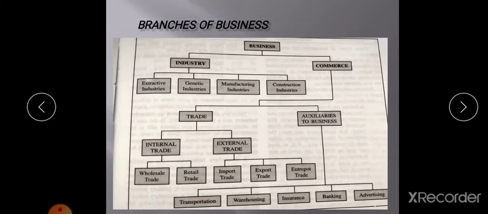So here the industry is divided into extractive industries, genetic industries, manufacturing industries and construction industries. And the commerce is further divided into trade, auxiliaries to business. So you leave this part now. First we will learn about industry. Okay? Industry and different types of industries in detail.